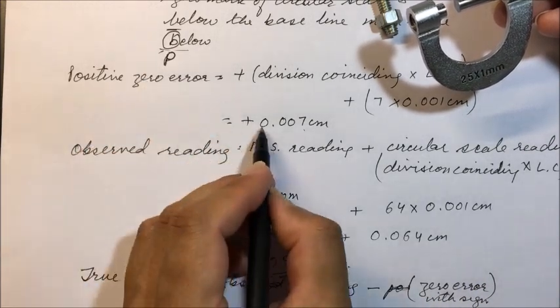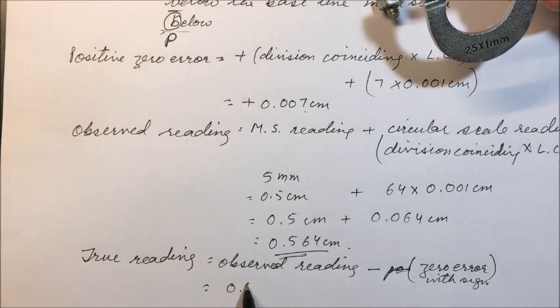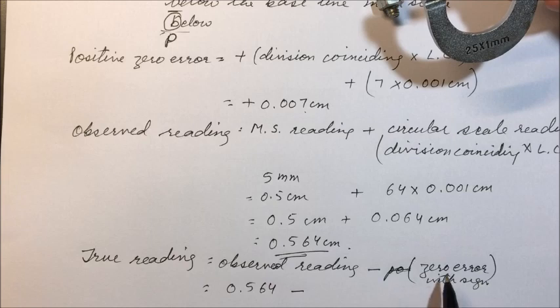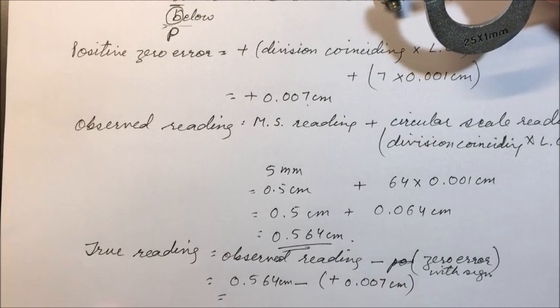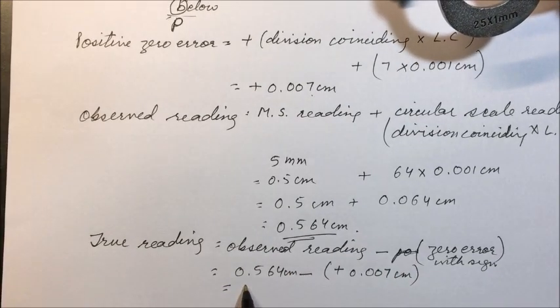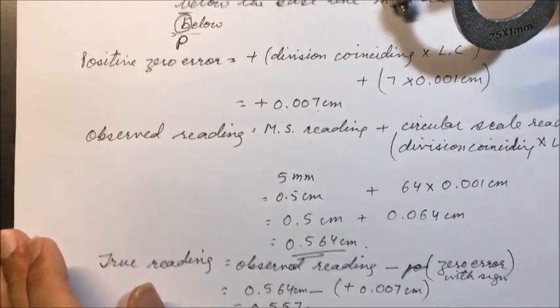So positive zero error we have with positive sign. So the next step will be observed reading 0.564 minus plus 0.007 centimeter. So when we subtract it, we are getting 0.557 centimeter.